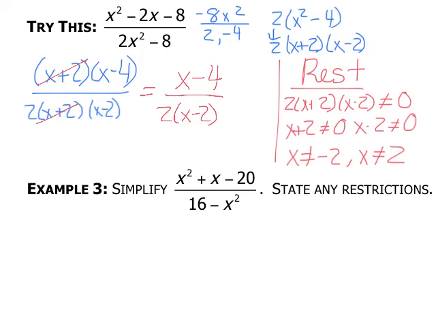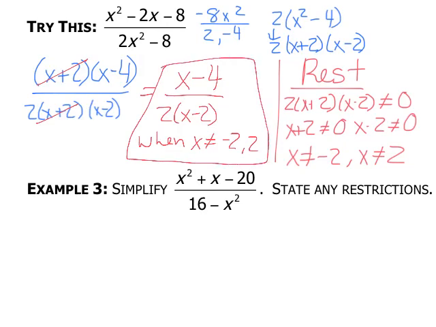So I have the x minus 4 left on top, the 2 and the x minus 2 left on bottom. And I'm going to say when x is not equal to, don't forget your restrictions, negative 2 and positive 2. So here is my final answer.